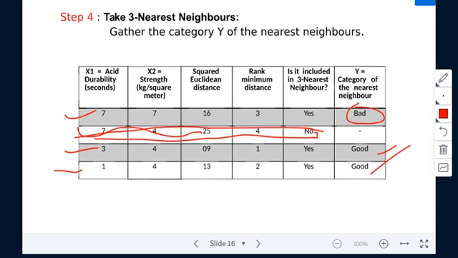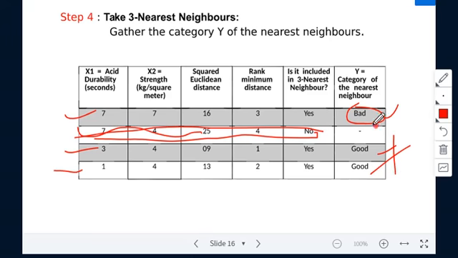To which instance is it closer? Which category can it be? Here we have 3 neighbors. We have both bad as well as good.